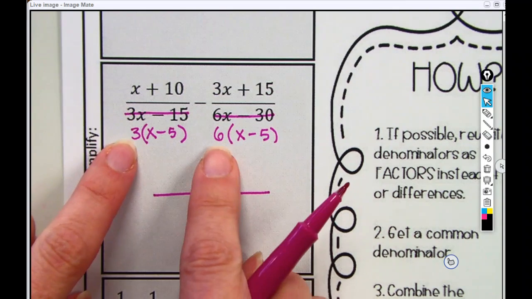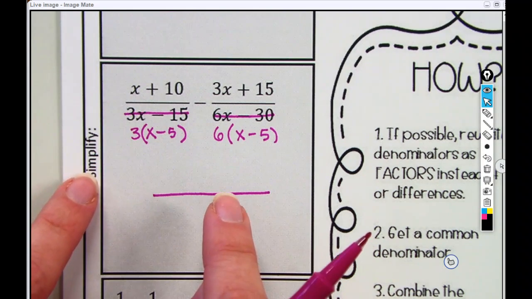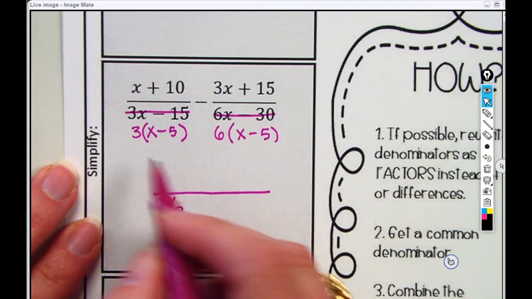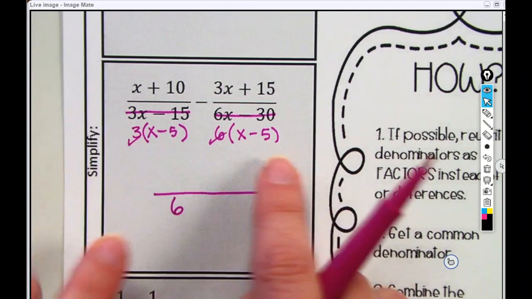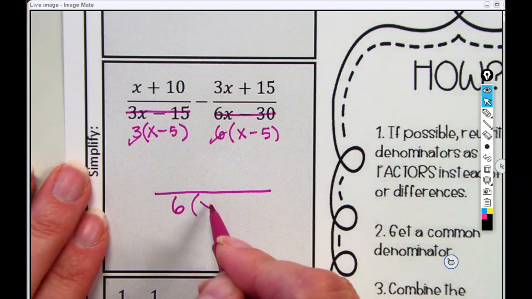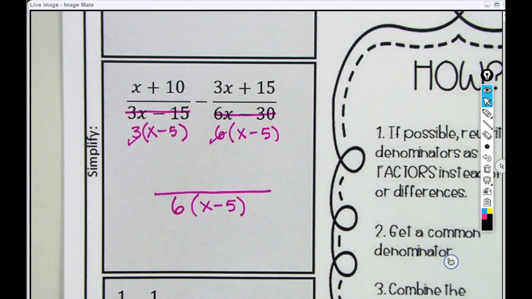What do 3 and 6 both go into? 6, right? So 6. So take care of the 3 and the 6. And the x minus 5, they both share it, so I just need an x minus 5. I'm going to change colors here.